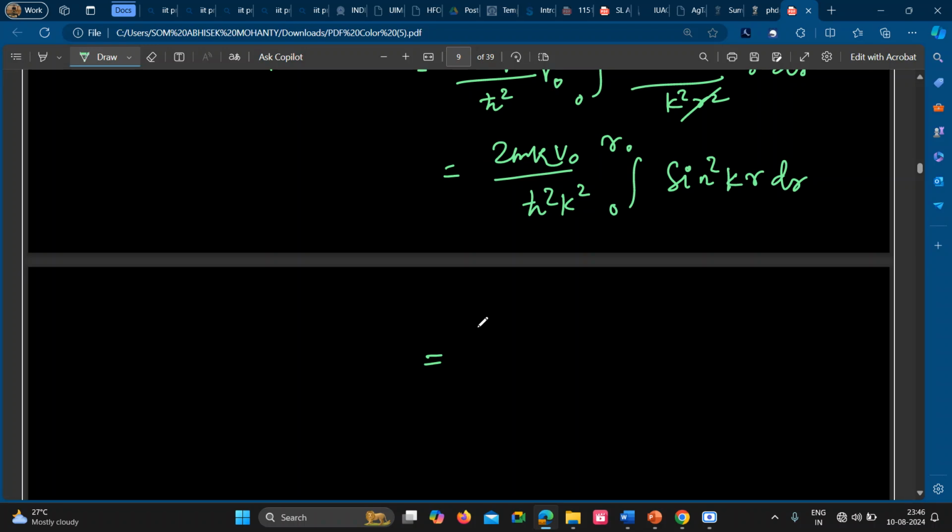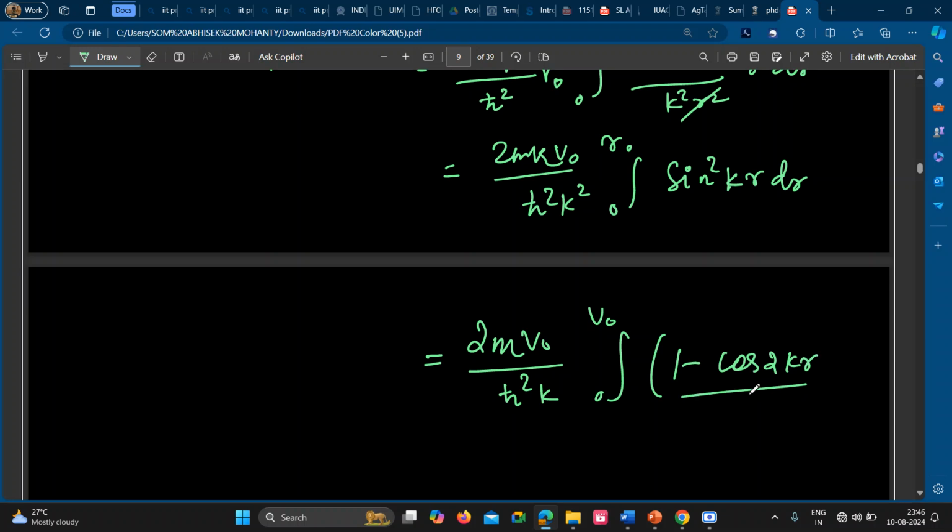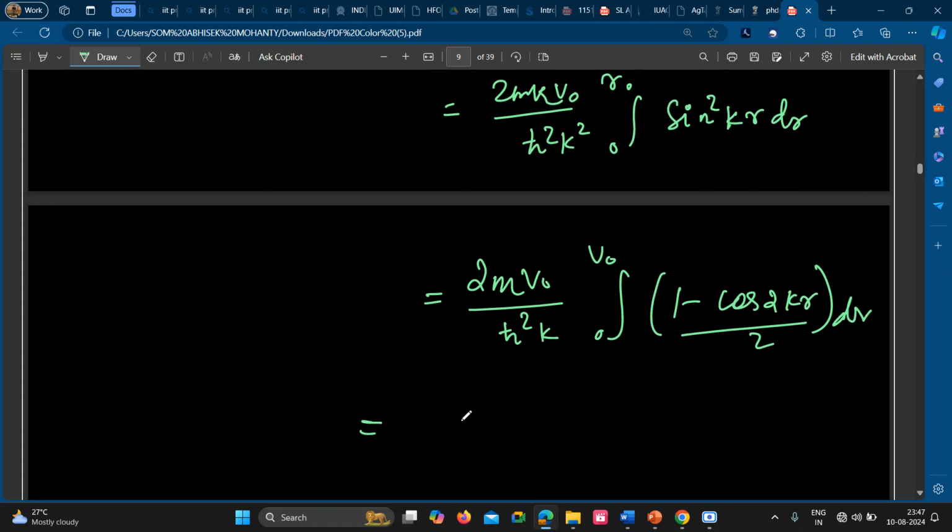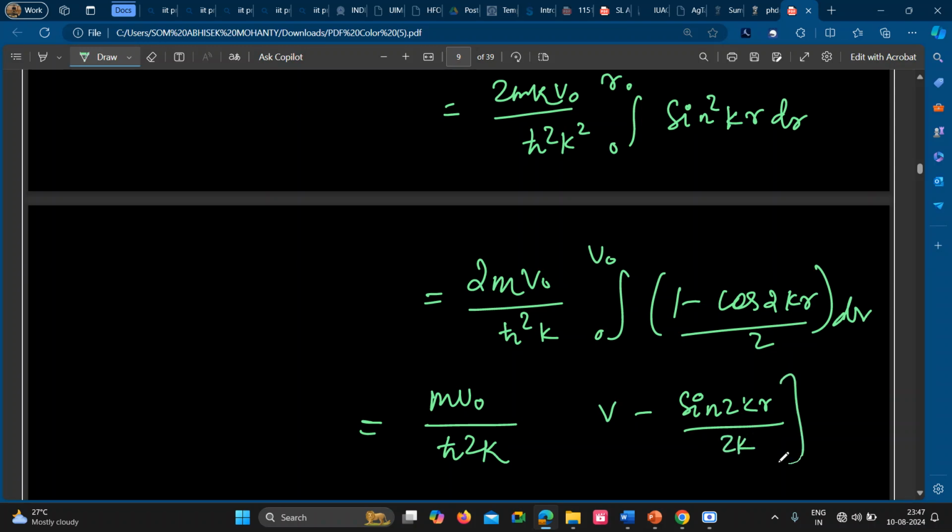Sine square kr can be written as 1 minus cos 2kr whole divided by 2, dr. Let's take 2 out, so the 2 cancels. Integration of this will be r minus sine 2kr divided by 2k, and the limit will be 0 to r naught.